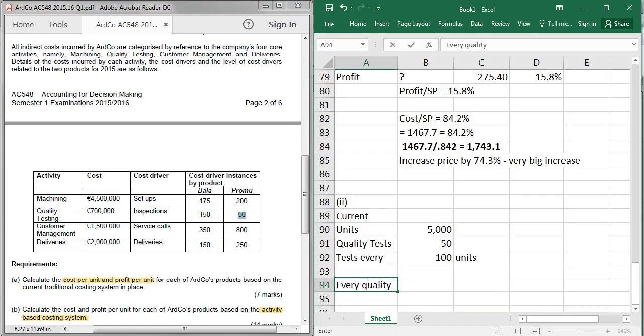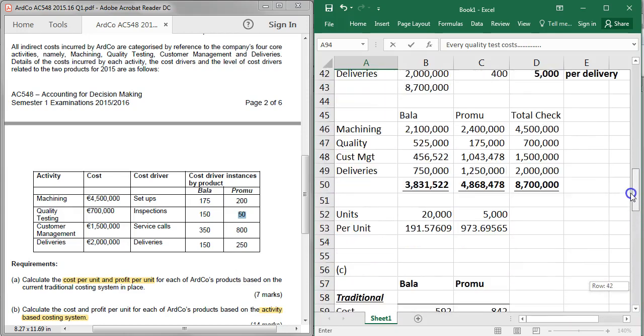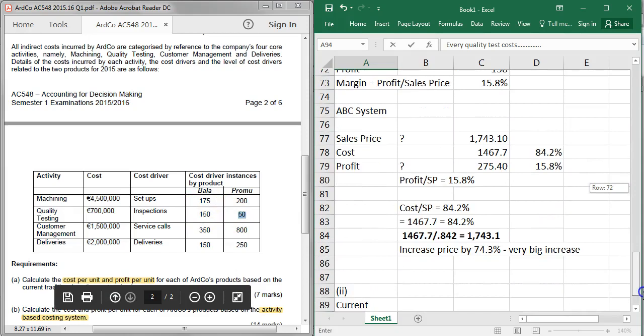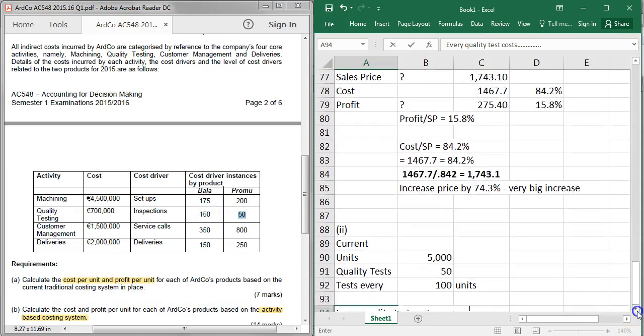And every quality test costs, and this is where you have to go back and use the activity-based information, every quality test or inspection is costing 3.5 grand. So that's where you had to use that information from part B. So if you did the pro rata and you didn't get that information, you would have been lost in D part 2. This is around activity-based management.